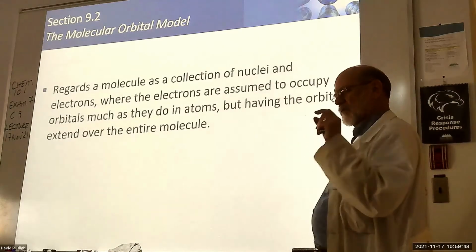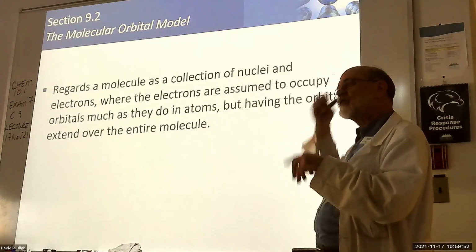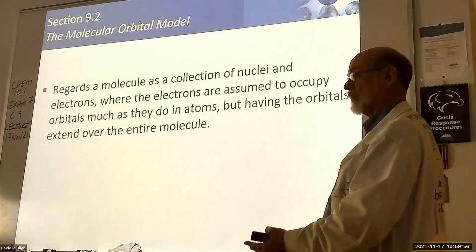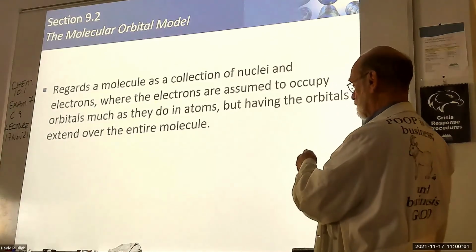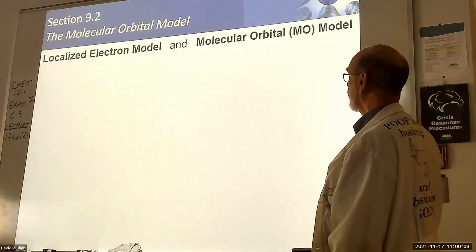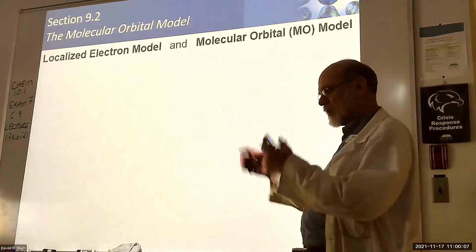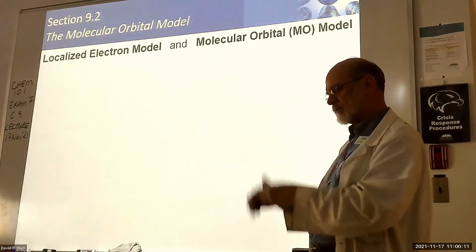But we do put them in orbitals. We just form a new system of orbitals in the molecule called molecular orbitals. And we don't say that those molecular orbitals are somewhere in between atoms or close to atoms.